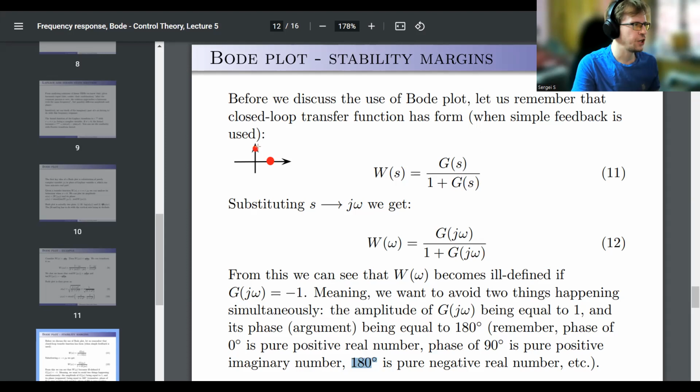Here are purely imaginary numbers, phase 90 degrees. Here purely real but negative, phase 180 degrees. Everything in between is of course in between. Okay. So what we want to watch out for is amplitude of 1 and phase 180.